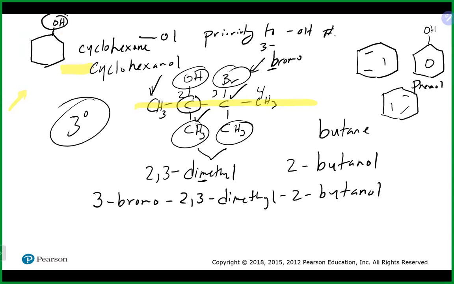By the way, if I had another group attached there, when you just keep adding to this guy, what would that then be called? The OH group should take the priority, which means this should be carbon number 1, and that chlorine should then be at carbon number 2. So this would then become 2-chlorocyclohexanol.